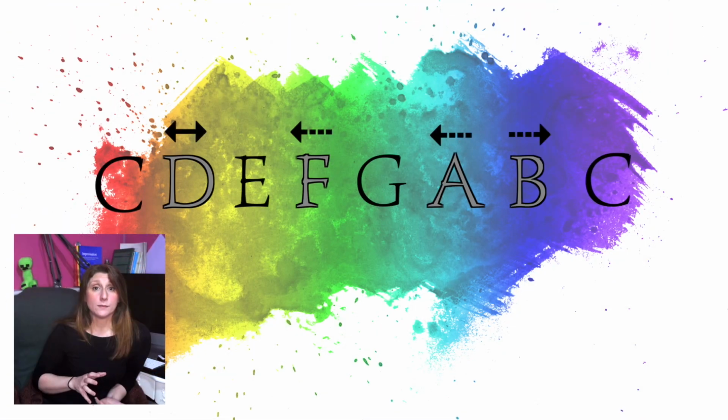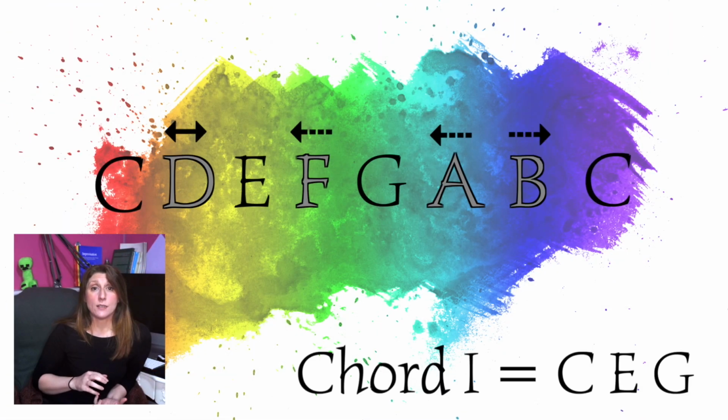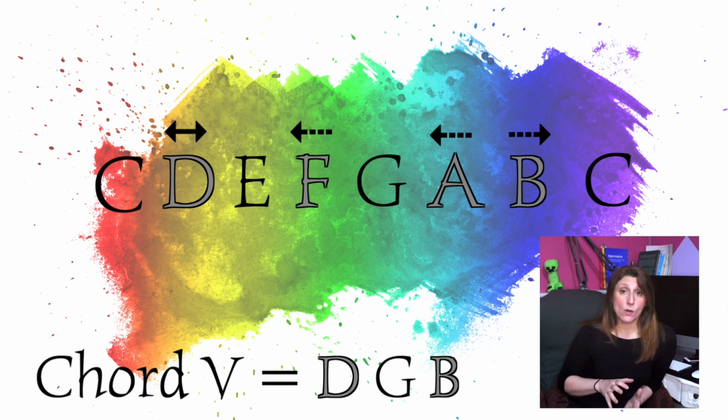The good news is that this type of relationship between tones can give you an idea of how tension works between chords. So we can apply this concept to chords too. Chord 1, C, E, G, is formed purely by stable notes, creating no tension. But the fifth chord, G, is formed by G, B, D. This chord has two active notes and one stable note.